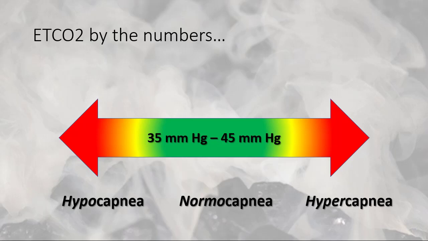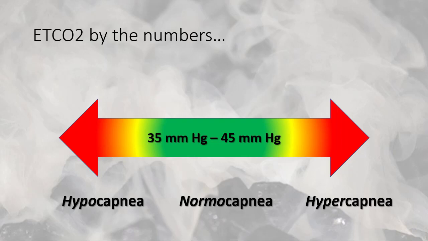When we look at end-tidal CO2, it is measured in millimeters of mercury. Now, I will say that some of the older references reference torr, which is a very similar but slightly different measurement, but most contemporary documents and most contemporary monitors measure this in millimeters of mercury. And the numbers are 35 to 45 millimeters of mercury.